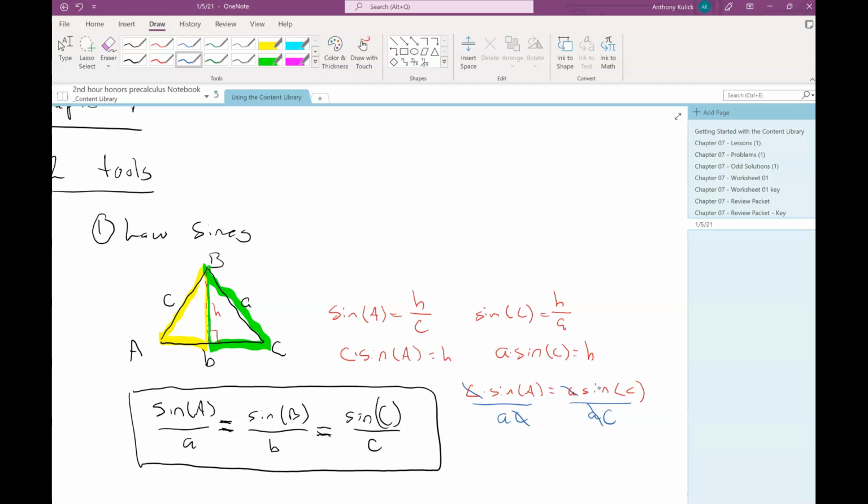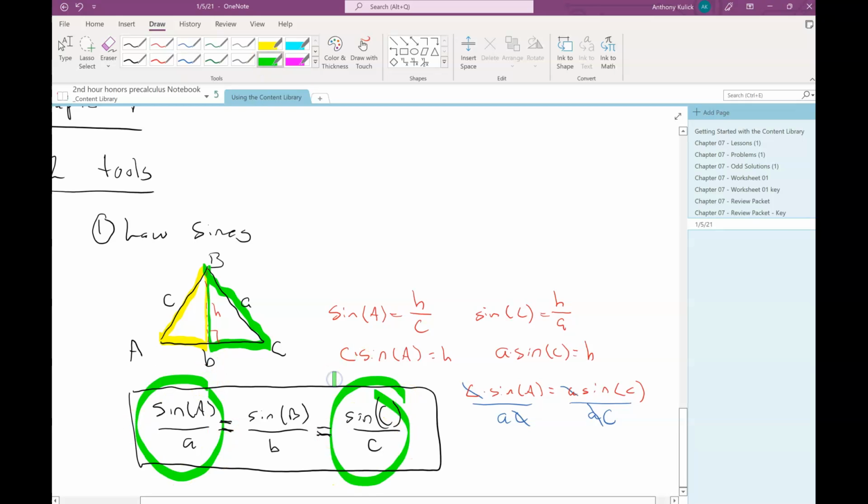Everybody okay there? So that gives us this part of the law of sines. Then all I need to do is repeat that same process, drawing the perpendicular from either angle A or angle C, and I'll get another part, and then I can use the transitive property to put it all together to get this.